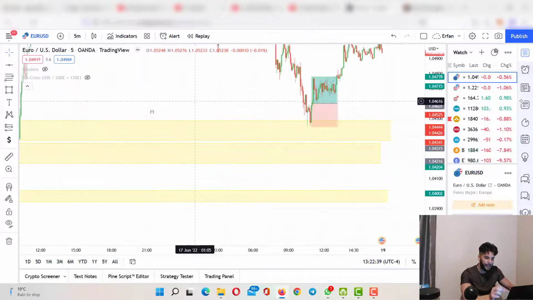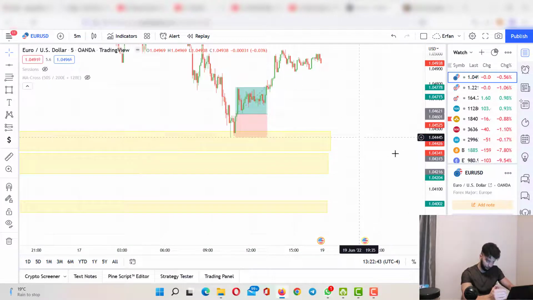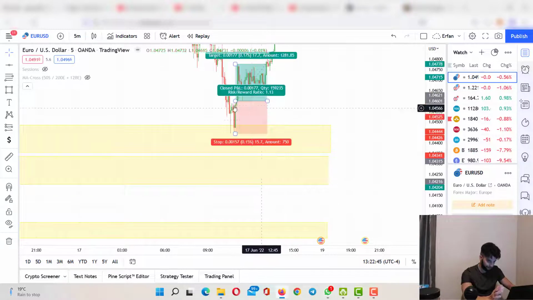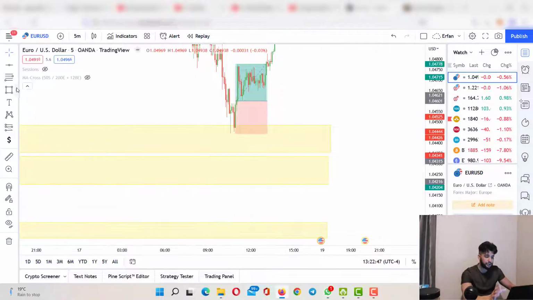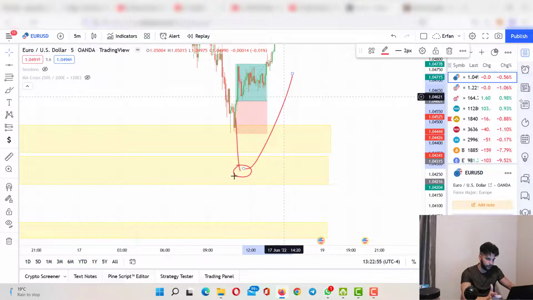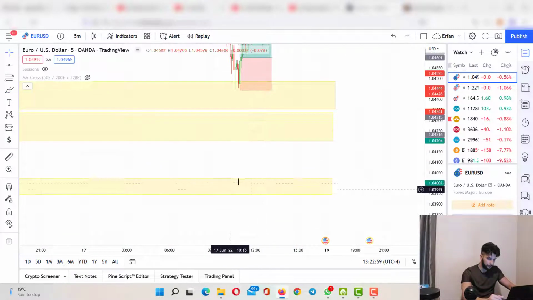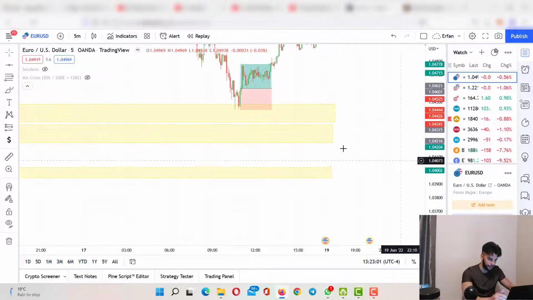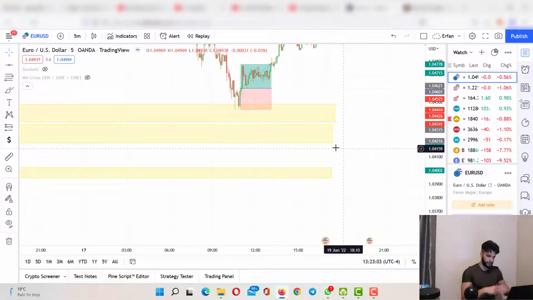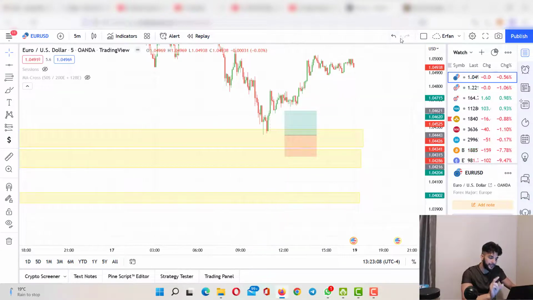So what happens is that there's always a good chance, I would say, that it disrespects the first high probability order block and goes for the second one, which is this one, and probably goes down further, gives us a confirmation to buy the market, and then we can take our buy. Or it probably goes down even further to reach this one, and then it gives us a good confirmation to buy the market.